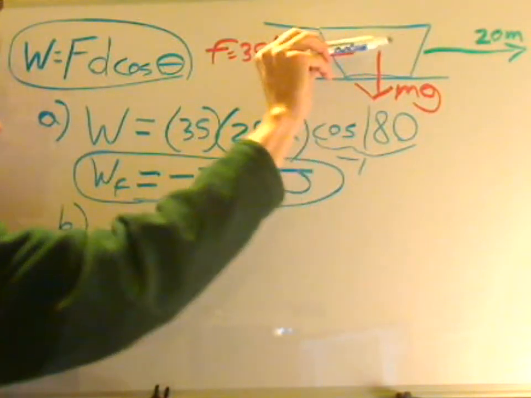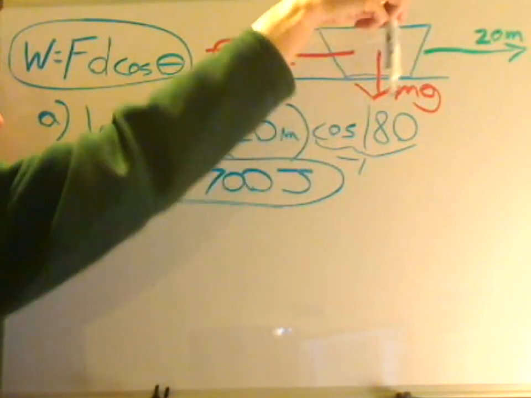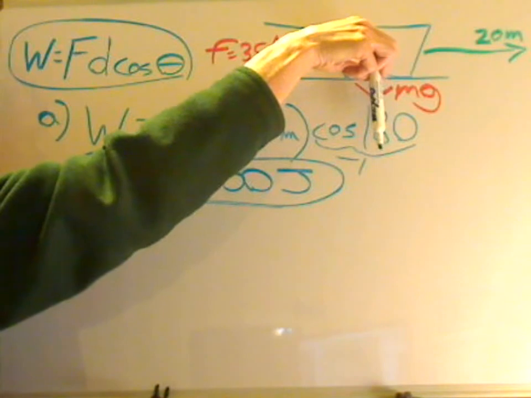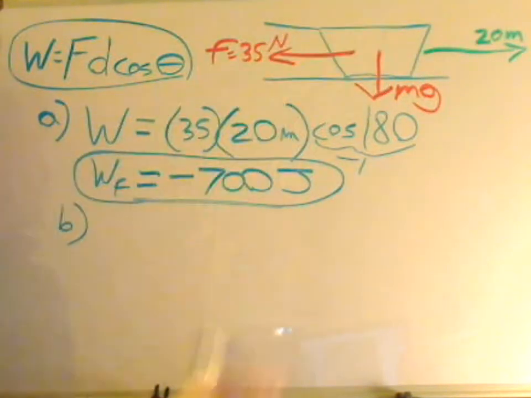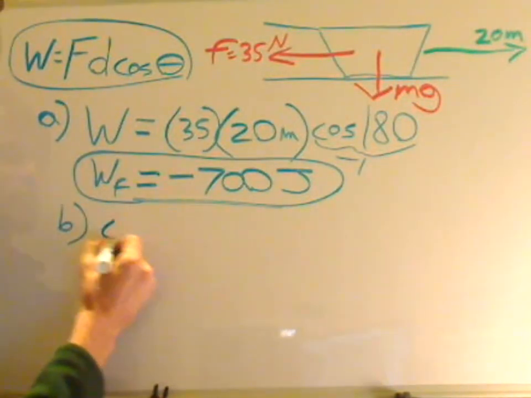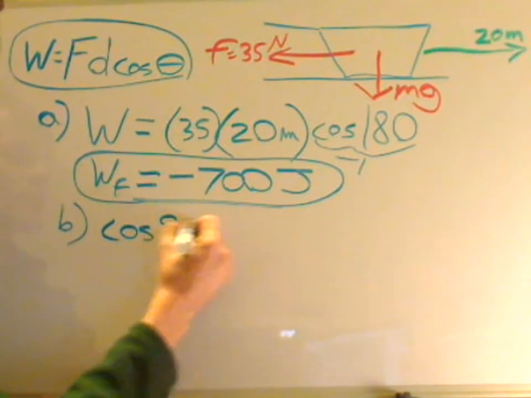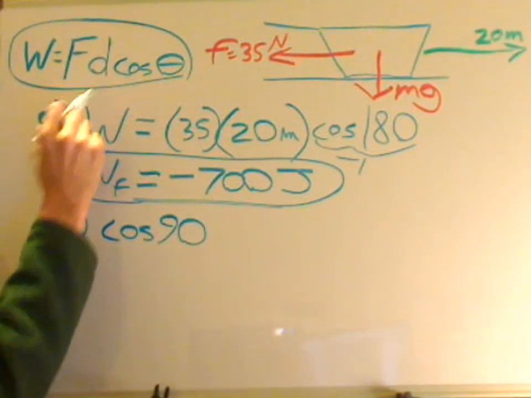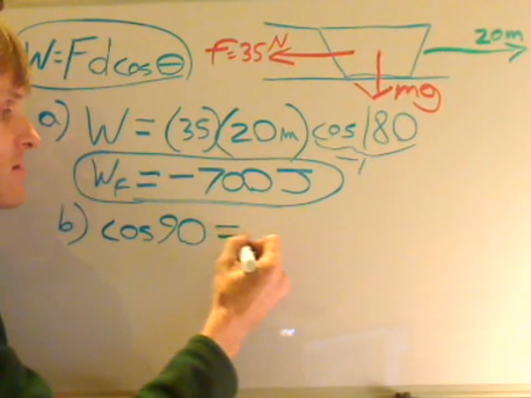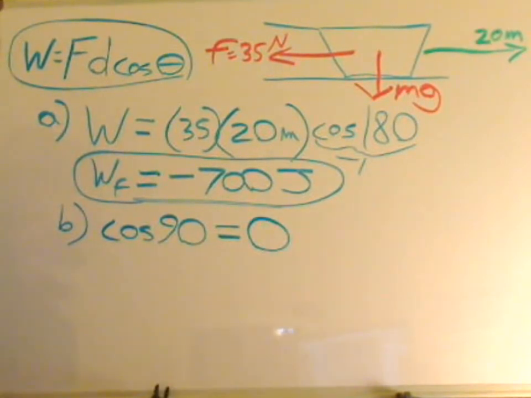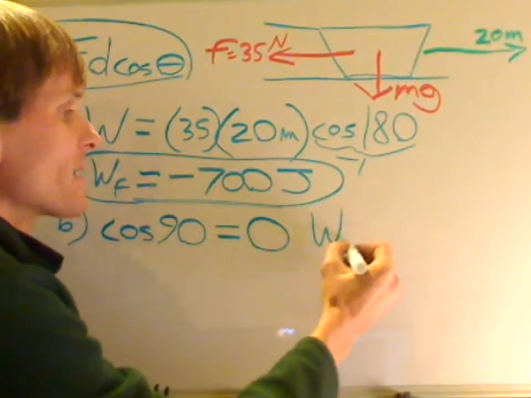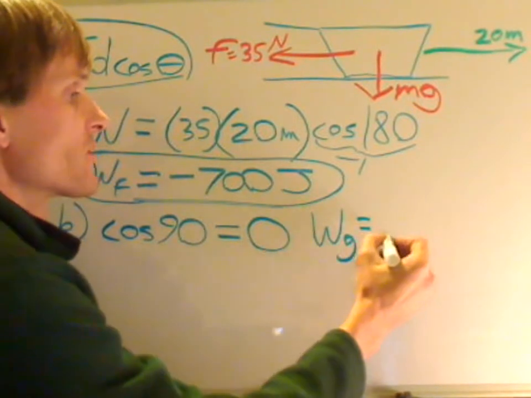Well, displacement is to the right. Gravity is straight down. So that's a 90-degree angle between those two things. And the cosine of a 90-degree angle is 0. So the work done by gravity is 0.